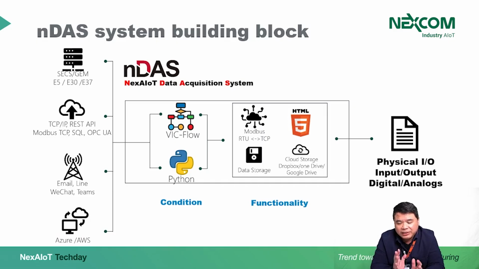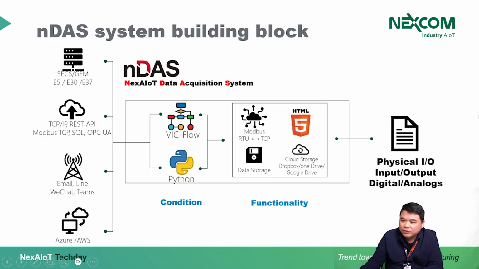Okay, this page is very important. This one is the system building block. Don't forget, we can see nDAS has a lot of functions, but don't forget nDAS is a data acquisition system. So we have physical I/O. You can connect a lot of physical I/O like analog or digital, and it is all based on the browser. Also, you can use Chrome or Edge, the browser, for configuration and monitoring.